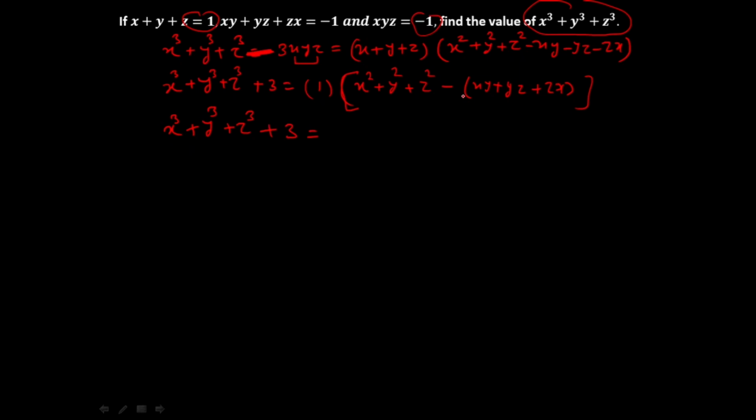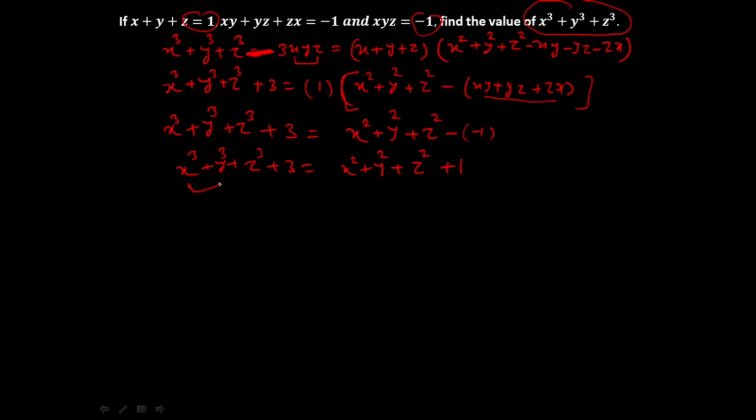Equal to 1 times the whole thing as it is. So we have x square plus y square plus z square minus. This whole value is again in the question, this is minus 1. So x cube plus y cube plus z cube plus 3 equals x square plus y square plus z square plus 1.